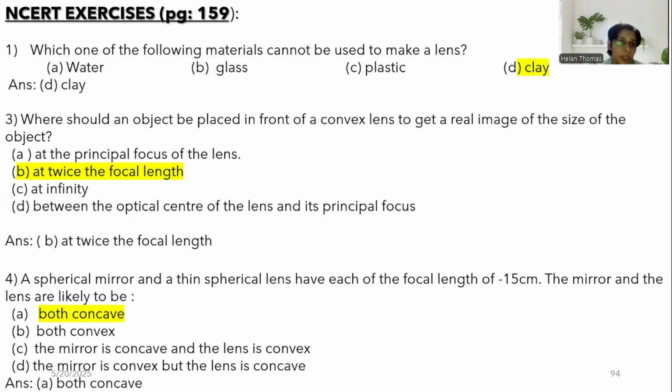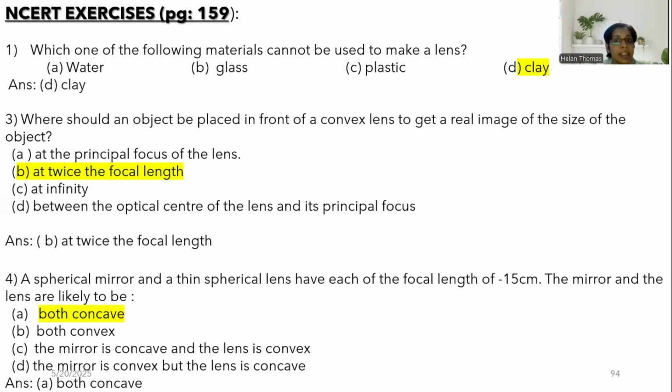Now the third question in your textbook: where should an object be placed in front of a convex lens to get a real image of the size of the object? We know in the case of a concave mirror or a convex lens, you will get the image size and object size to be the same only when it is placed at C, or twice the focal length.